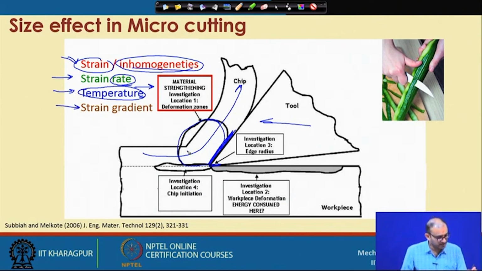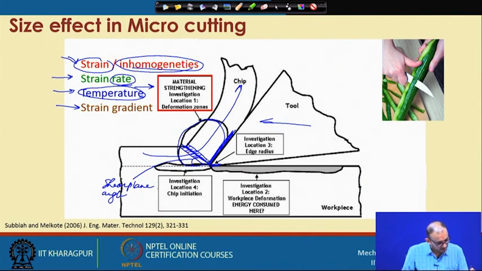What is the strain gradient? We know that this is the shear plane and this is the shear plane angle. But the plane is not actually a plane, it is completely a type of band. So, it has area, not a line.